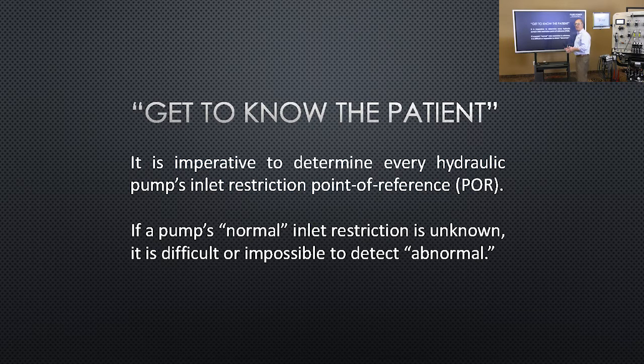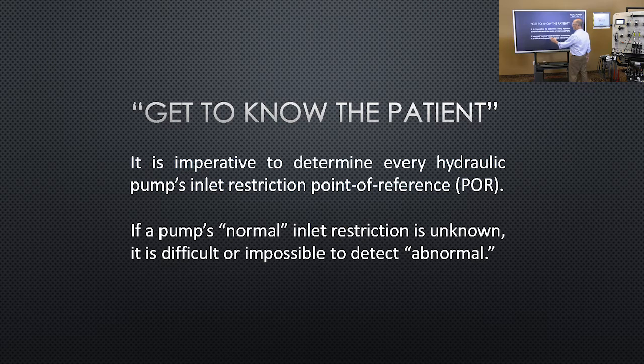But the information that we need for ongoing proactive maintenance is not the information provided by the manufacturer for the purpose of engineering, but the point of reference that was established by the end user, by the manufacturer of the machine.